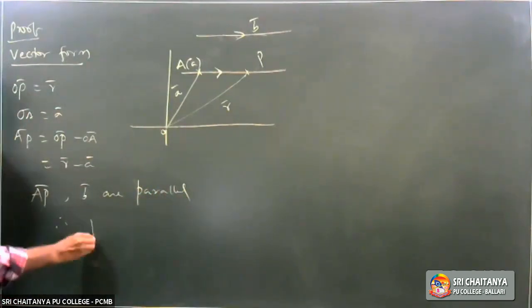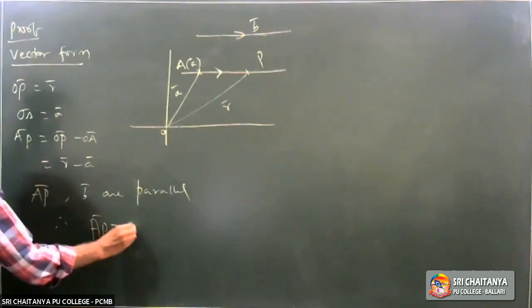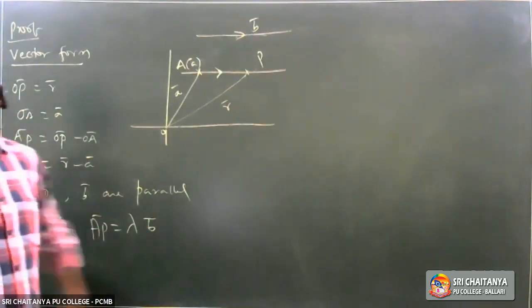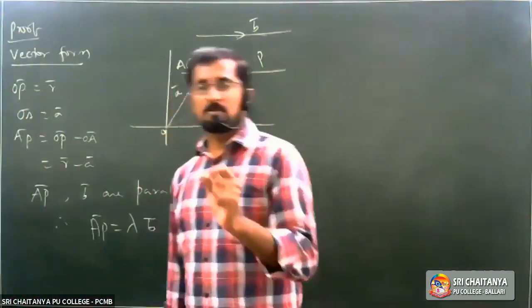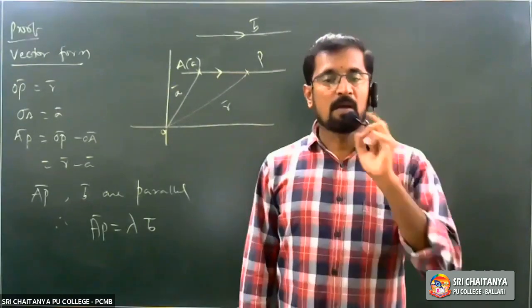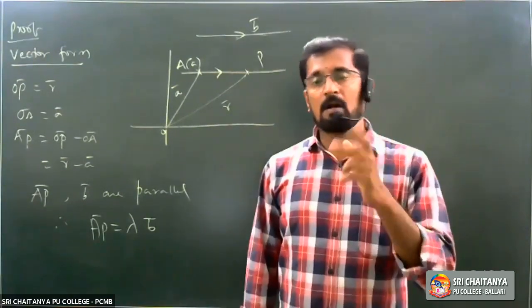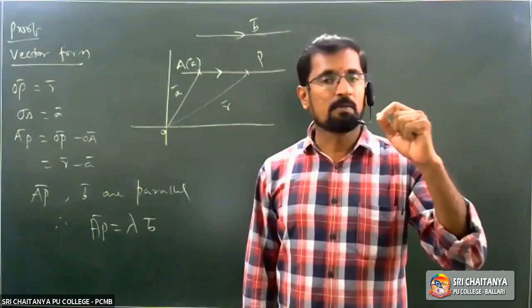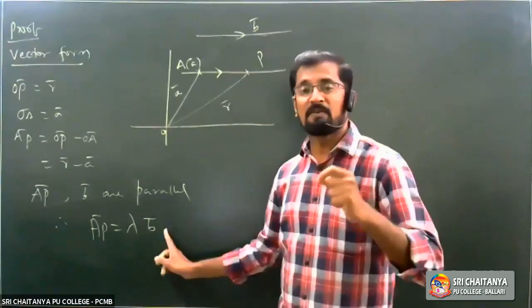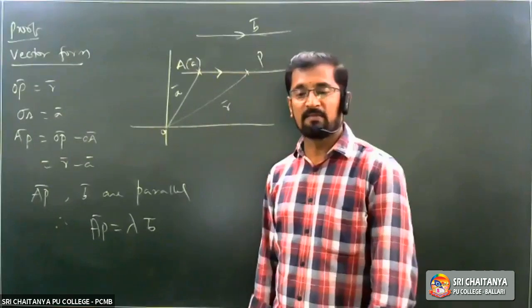Therefore, AP bar is equals to lambda into B bar. Okay, that means in vectors we have learned that A bar comma B bar are collinear, or A bar comma B bar are said to be parallel if one vector is equals to some scalar into another vector, where lambda is any scalar.